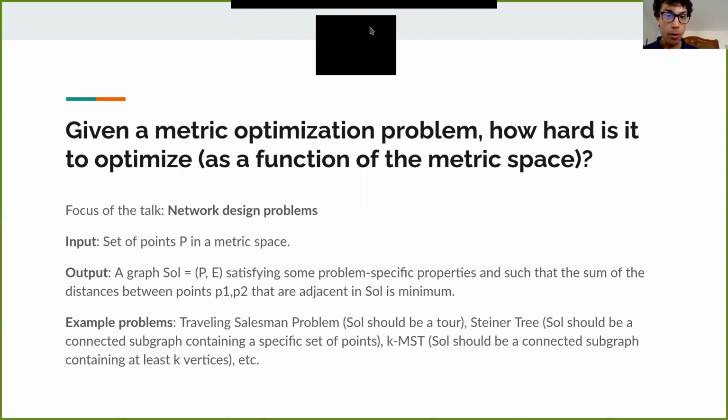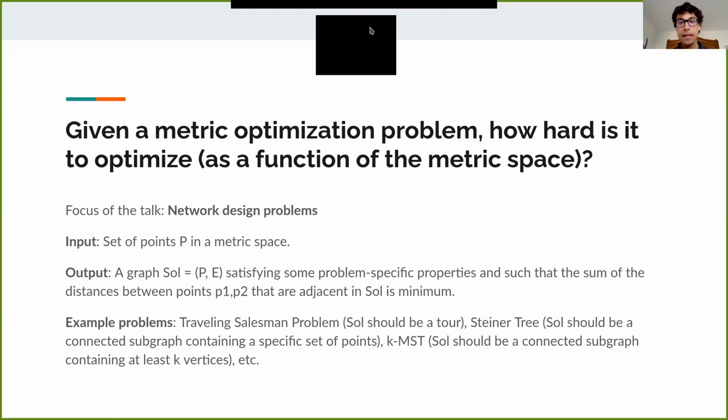So what is a network design problem for us? It's a problem where we're given a set of points P in a metric space, and you can see the output as a graph where the vertices of the graph are the points in your metric space, and you are asking for some connectivity pattern on the points P, which you represent with the edges of a graph.